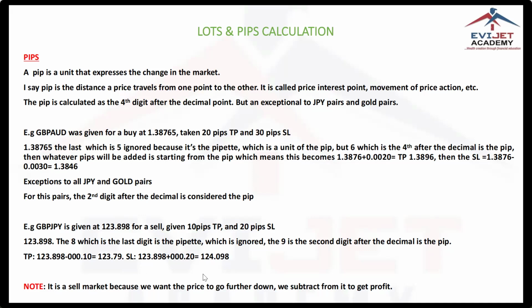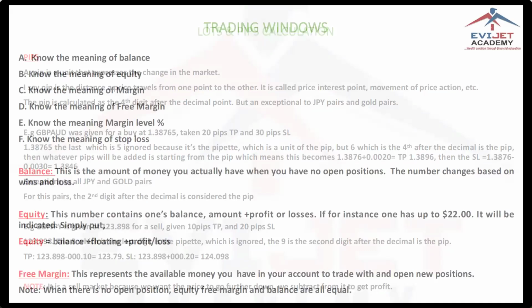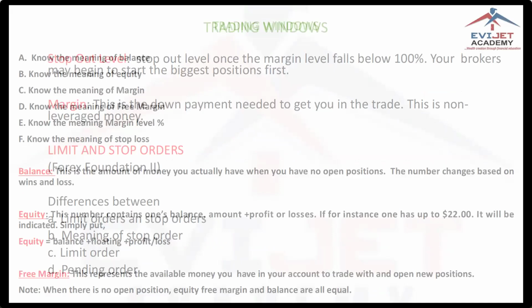I know that it's not looking too palatable right now, but don't worry, we'll go to the whiteboard and I will do some more explanation. Note, it is a sell market because we want the price to go further down. We subtract from it to get profit, the same thing I tried to explain earlier.